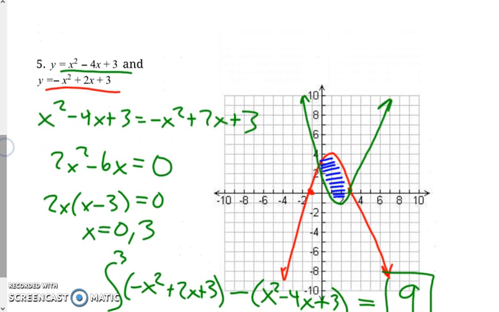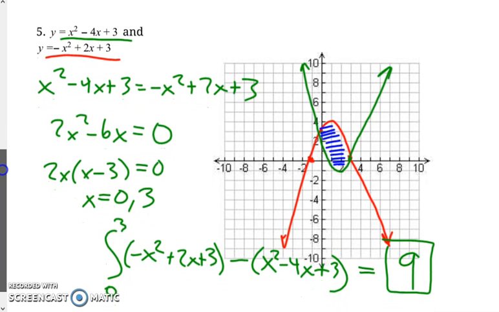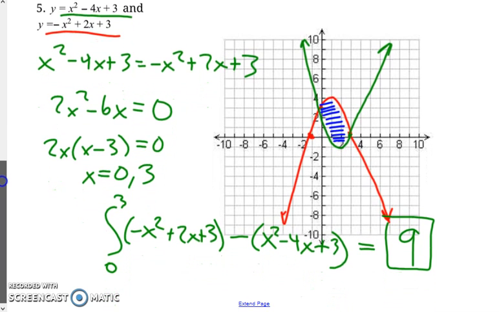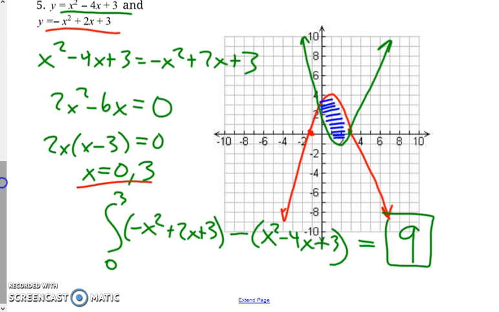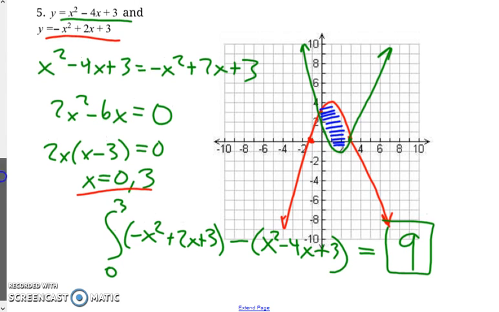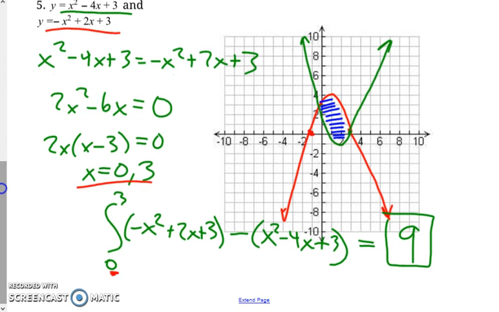Again, I'll walk through this process that we did briefly. We first graphed them both. The one was a normal parabola in the green, and the red was an upside down, downward facing parabola. I then algebraically calculated where they intersect by setting them equal to each other. I figured out that they intersect at 0 and 3. That told me my limits of integration.